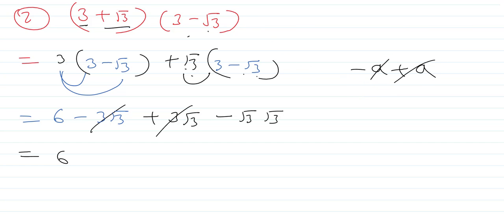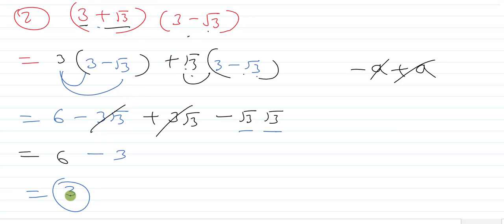In addition you have to take 0, but in division if it is getting cancelled, it should be 1. Now root 3 into root 3 is 3. So the last answer will be 6 minus 3, 3. So after solving this, you are getting the answer as 3.